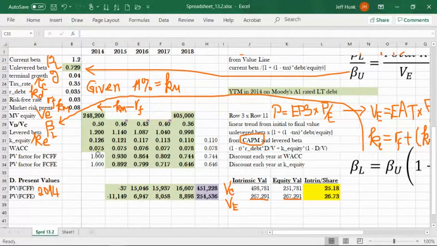So I'm gonna stop this, and then do it for every year for different beta each year, right? Because they have levered beta, and just run across, right?